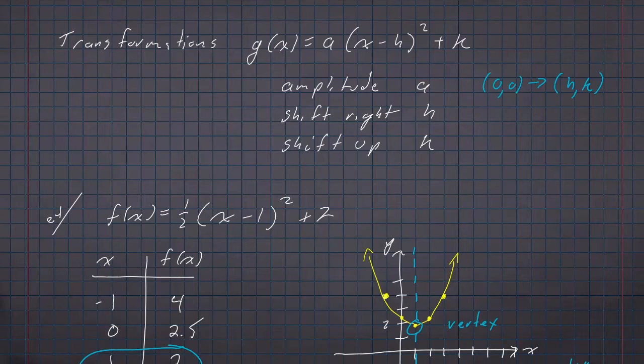So the vertex of a parabola given in this form is always at the point (h, k). And the axis of symmetry is always the vertical line passing through this point. Vertical line is x equals, so in this case it's x equals h.